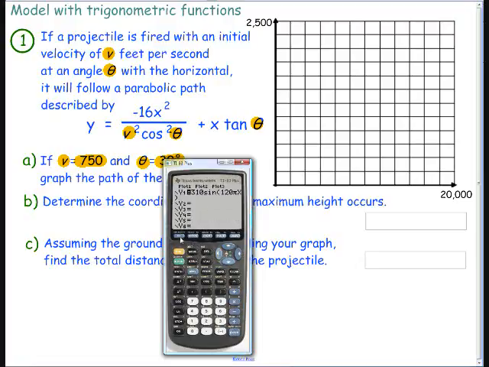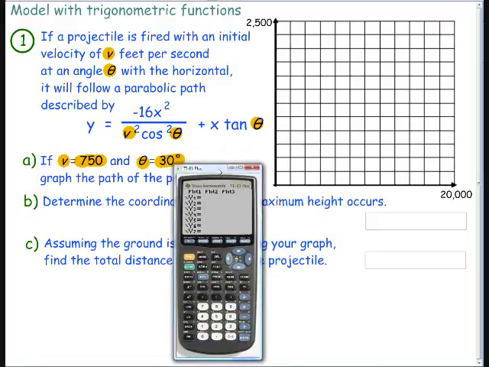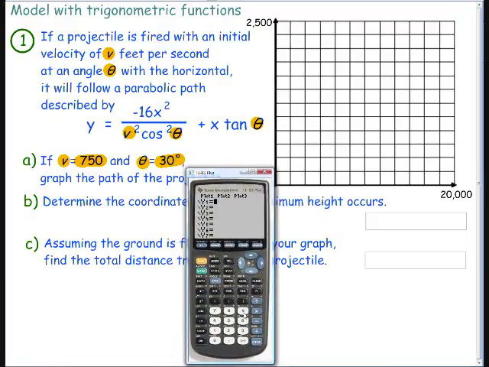Okay, so now let's put in our equation. See if I can do it properly.